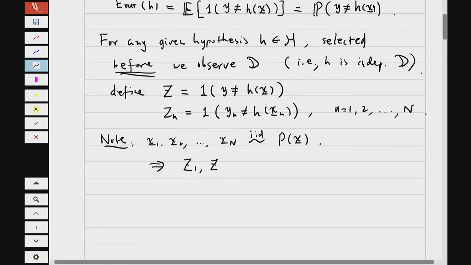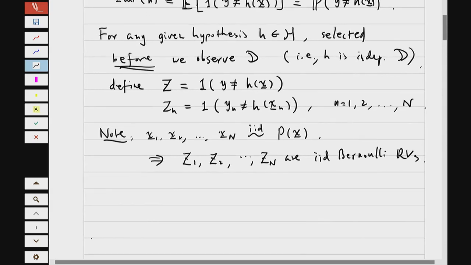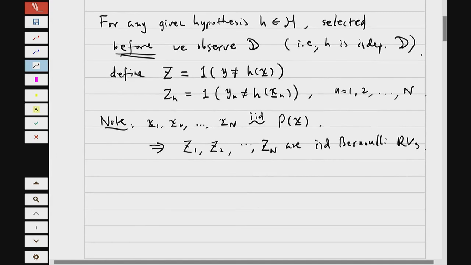And this is important because, since they're independent, we can use the analysis that we did last time. They are IID Bernoulli. So now we can define this E in as the sample average of Zn, which we called Vn before.